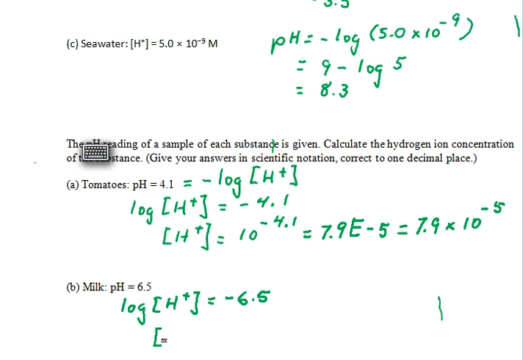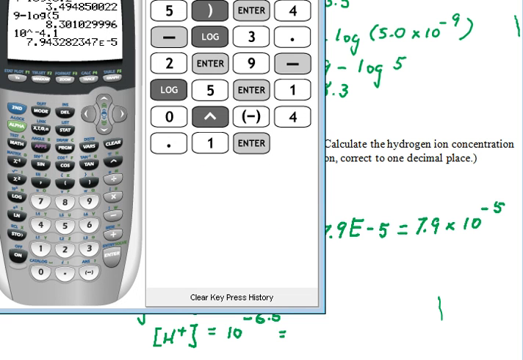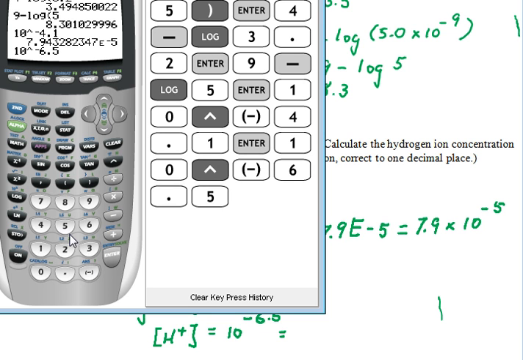So the hydrogen ion concentration would be equal to 10 to the negative 6.5, 10 to the power negative 6.5, enter, and it's approximately 3.2 e negative 7.